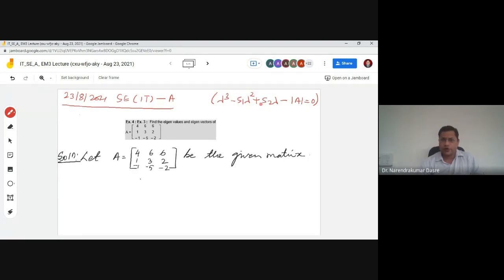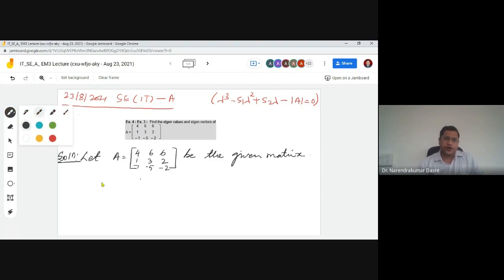S1 we can easily get from the diagonal. S2 is the sum of minors of the diagonal elements. So first we have to find the determinant.